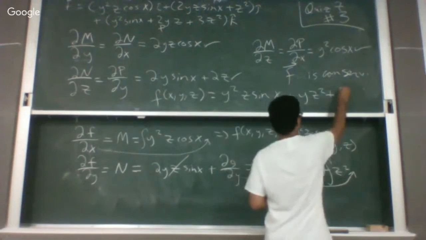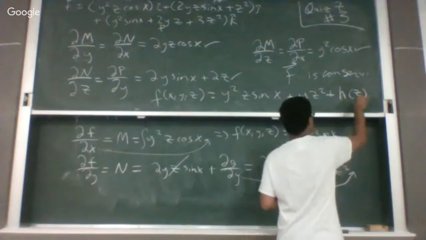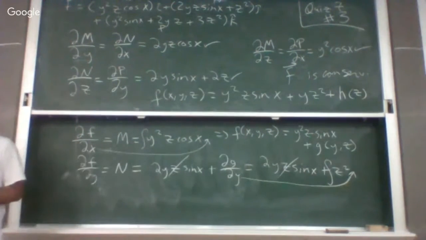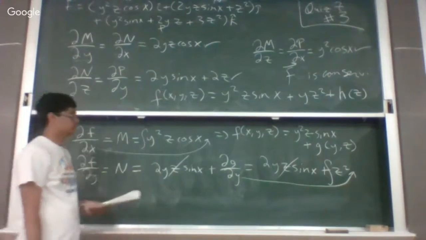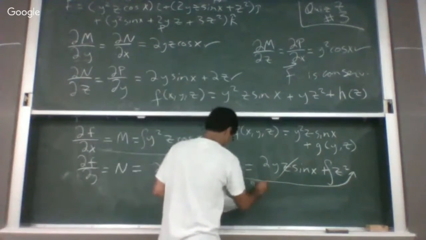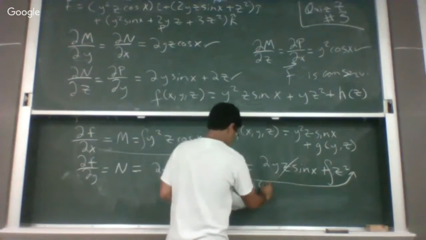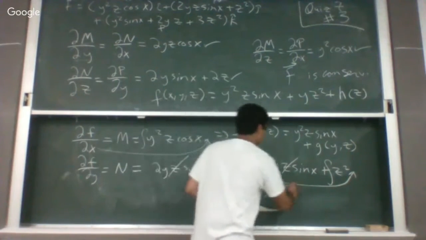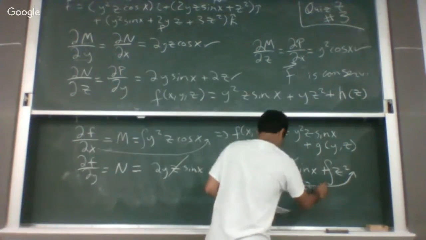But then we now have to add h of z. They wrote it here, so I'll just write it here. g of y comma z is equal to yz squared plus h of z.